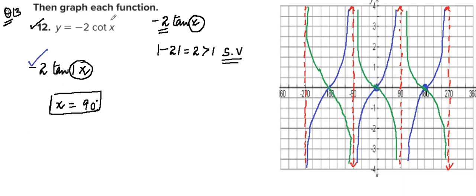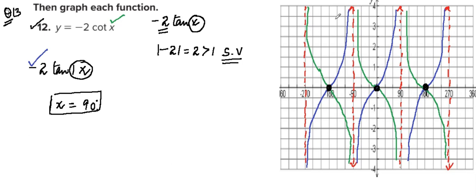But they're asking about cot. So where will cot be now? Always remember the intercepts in tan x. These are the intercepts I'm showing with black. These are the intercepts for tan x and minus 2 tan x. These will become the asymptotes for cot, the intercepts, the black points.